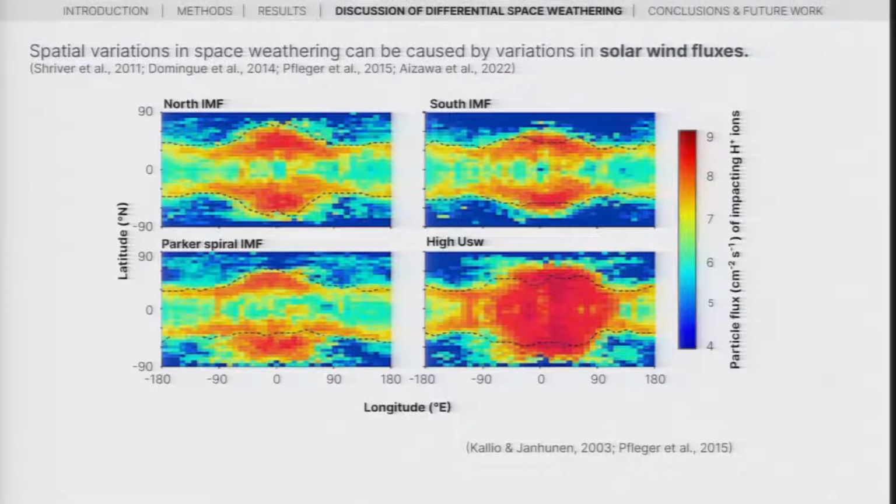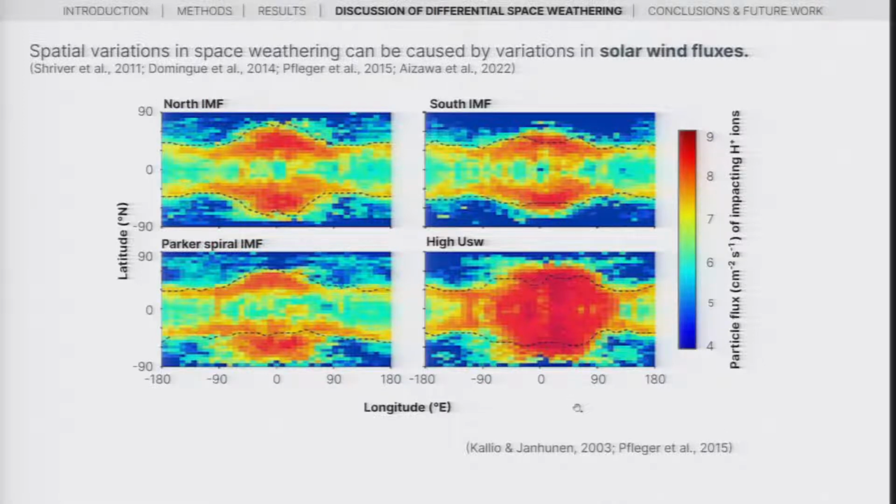Similarly, solar wind bombardment can influence the optical properties of the surface, but much like micrometeorite bombardment, these are expected to sort of average out longitudinal effects over long time scales. But they could also have an effect on the latitudinal distribution of space weathering effects.